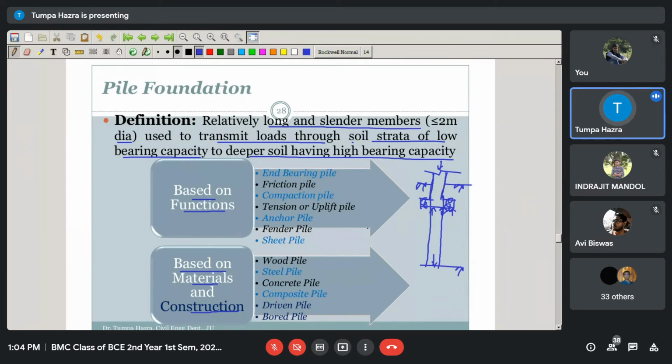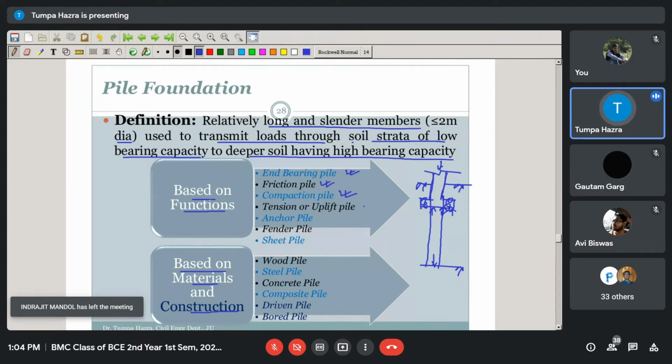Now, based on the functions, the pile foundations are of different types like end bearing pile, friction pile, compaction pile, tension or uplift pile, anchor pile, fender pile, seat pile. These are the classifications of the pile foundations based on the functions.